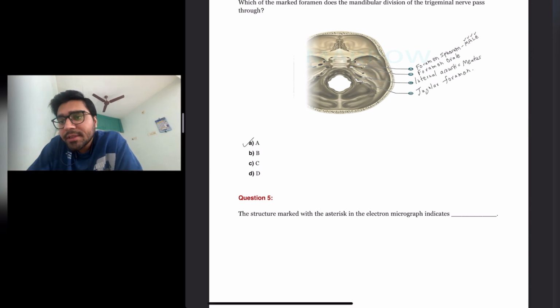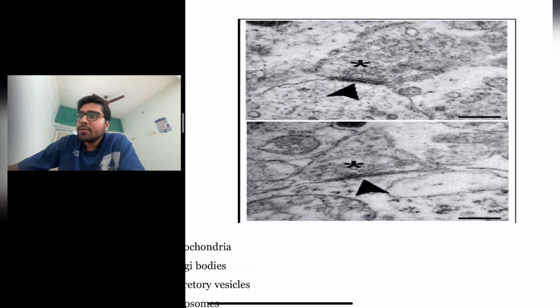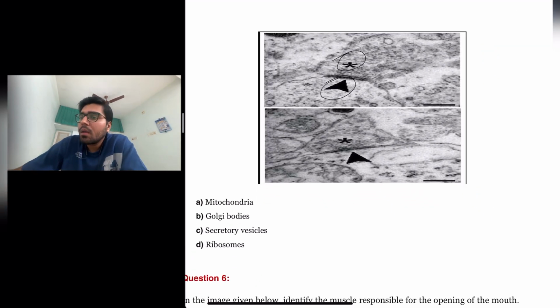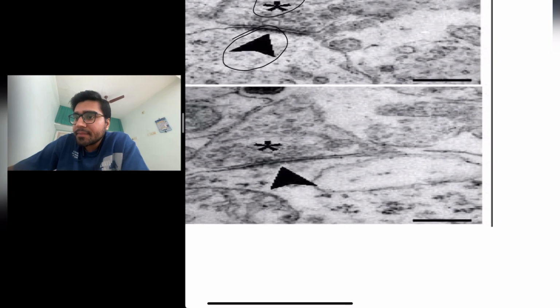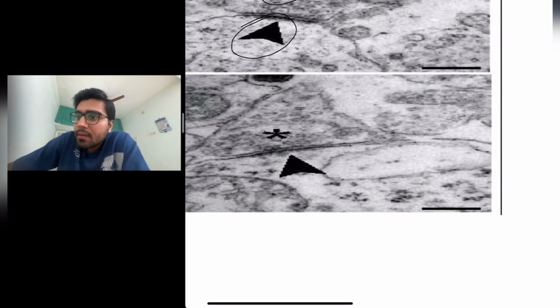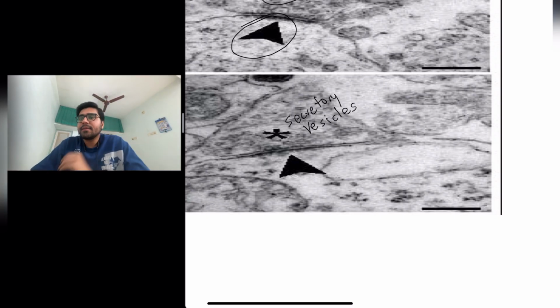The fifth question is, the structure marked with the asterisk in the electron micrograph indicates. So this one is the asterisk and this one is the arrowhead. Let us label this structure. This one is secretory vesicles.